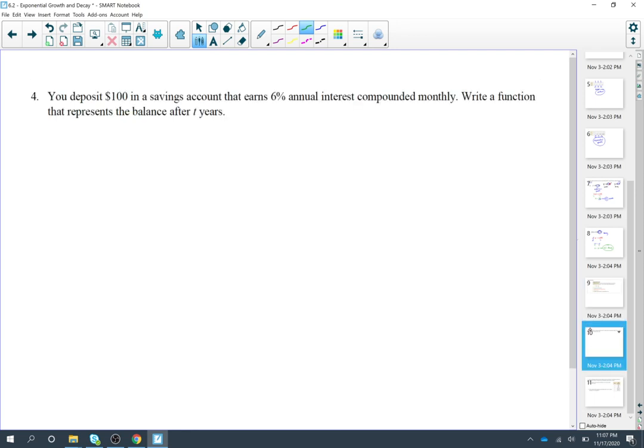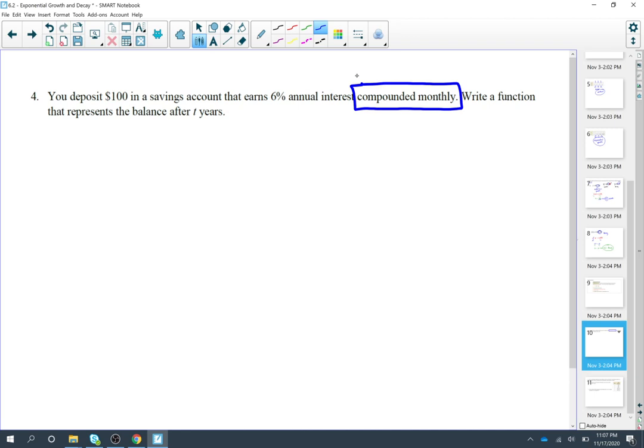Example 4. You deposit $100 in a savings account that earns 6% annual interest compounded monthly. Write a function that represents the balance after t years.